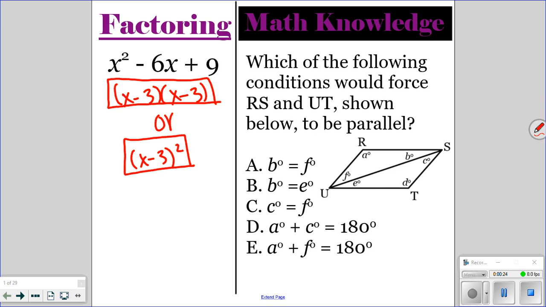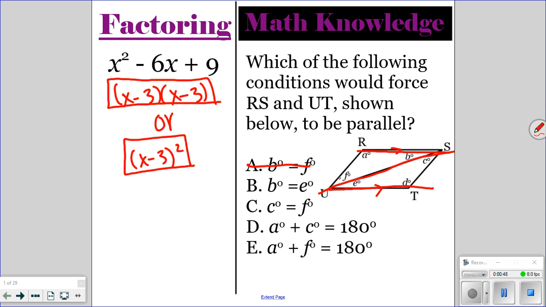So either one of these would be fine. For the math knowledge question, which one of these would make lines RS and UT parallel? If B and F were congruent, that would not make parallel lines. We need to look at this line and the transversal.